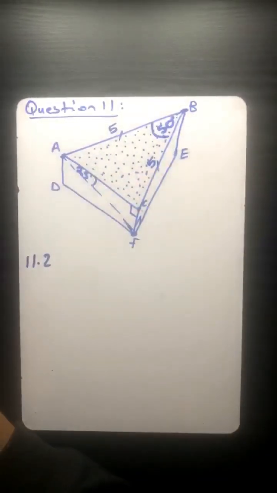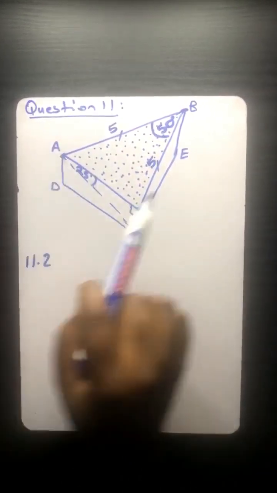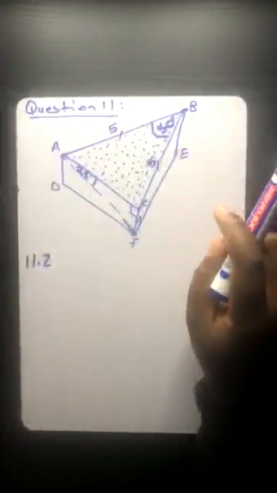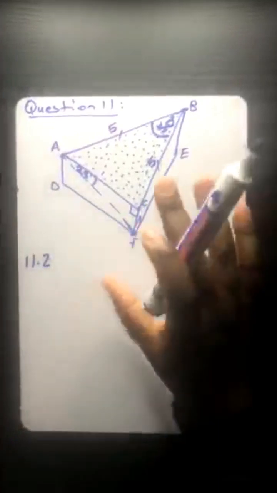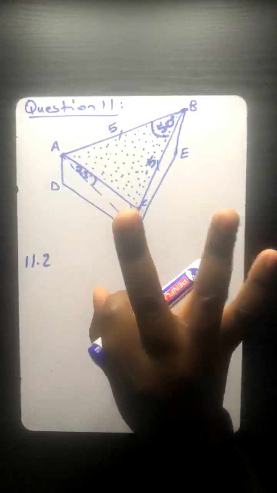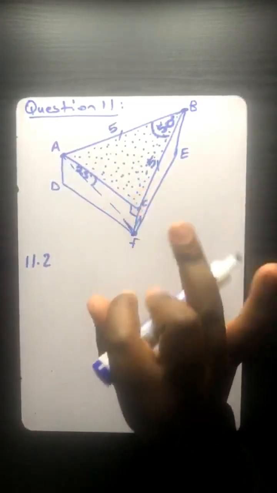So now the question is, for this side AC, can I use the cosine or the sine rule? Because one thing for sure with this chapter, there are only three things that you use: the area rule, sine rule, and the cosine rule. But because they did not talk about the area, you forget about the area.